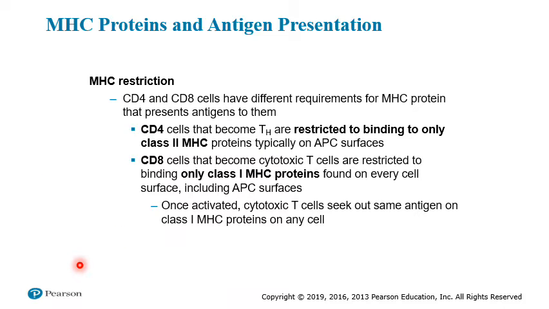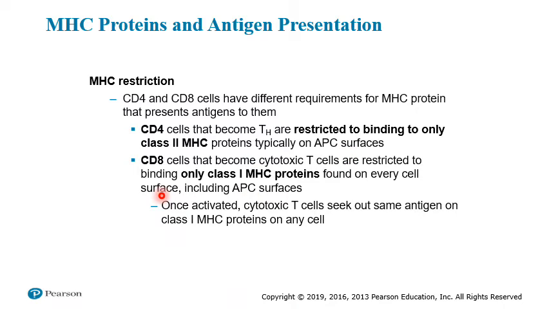Major histocompatibility restriction. Both CD4 and CD8 cells have different requirements for the MHC protein that presents antigen to them. First, your CD4 cells that become helper T cells are restricted to binding only class 2 major histocompatibility complex proteins, typically on the antigen presenting surfaces.